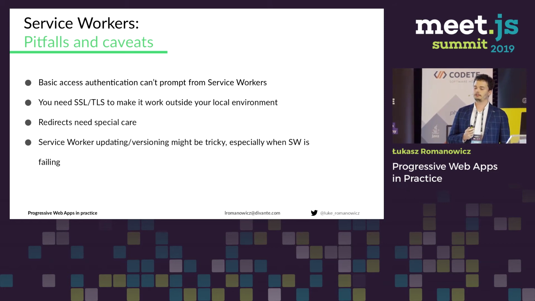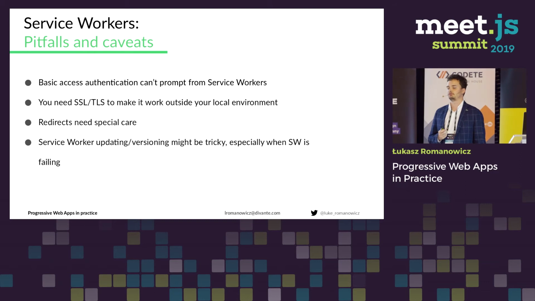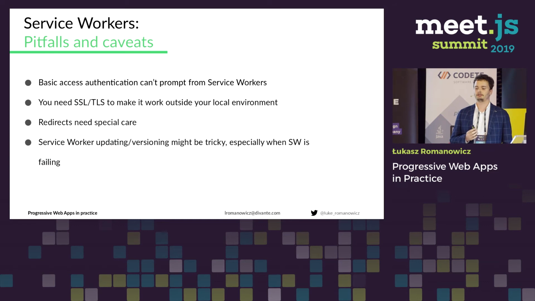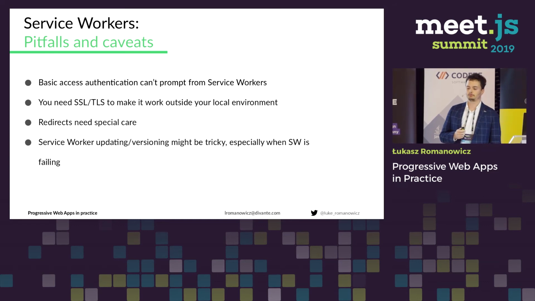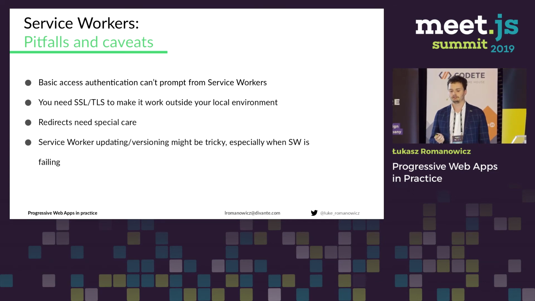And finally, some time ago, there was also some issue with versioning. Fortunately, nowadays we have Workbox and the Webpack plugin for Workbox that take care of that for us. So there is no problem anymore, unless you are doing it manually.